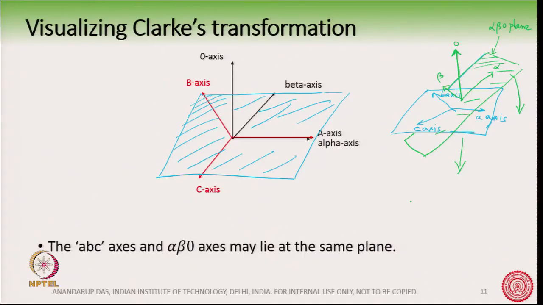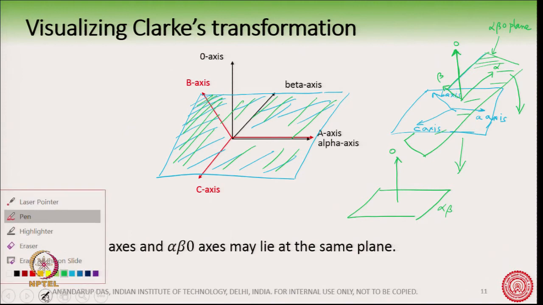What I have shown here is that the ABC plane was this blue colored plane, and on it I can put the alpha beta plane, with the 0 here.